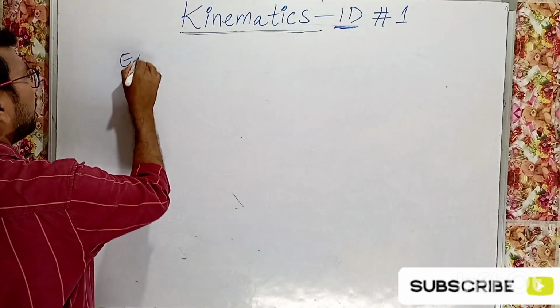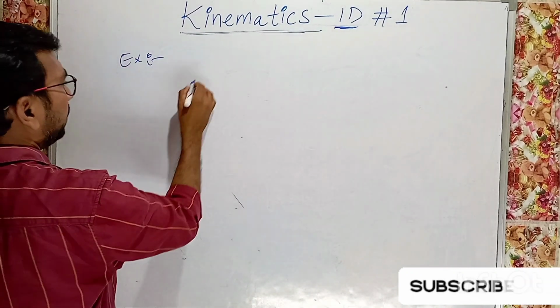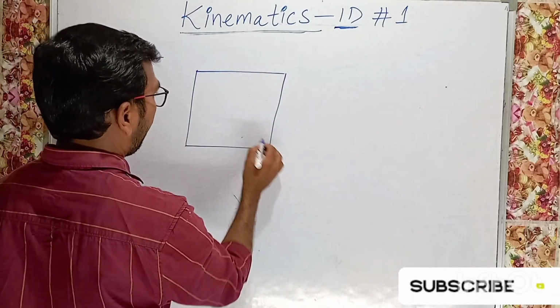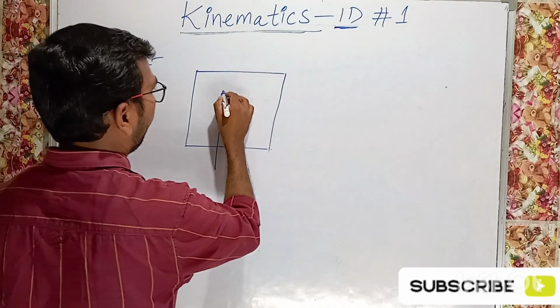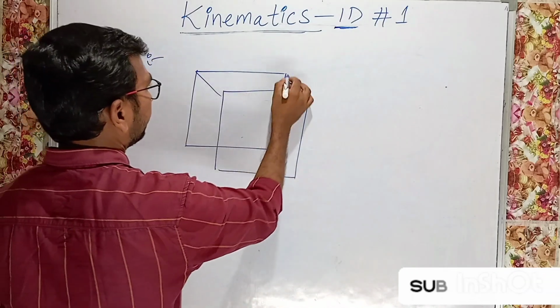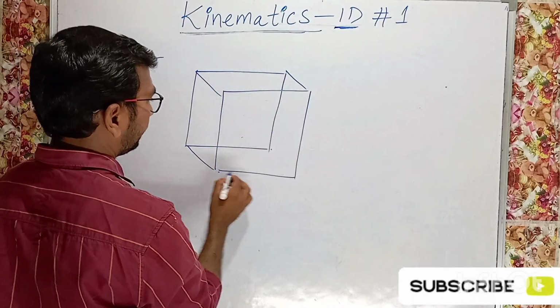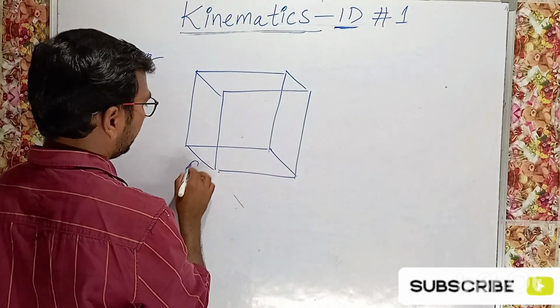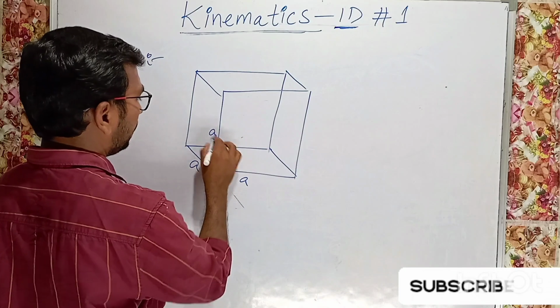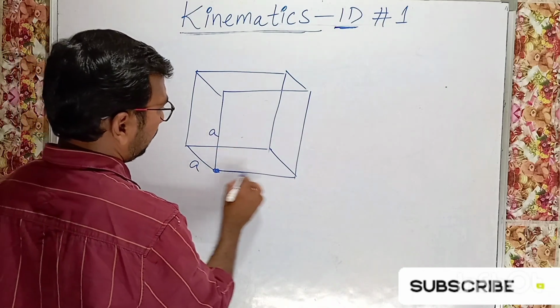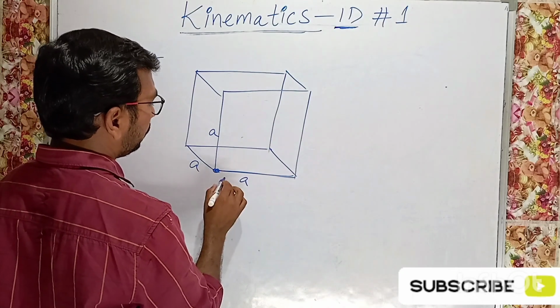So next example: this is a cube. Each side is A. This one is A, this one is A, and this one is A. Here one ant moves.